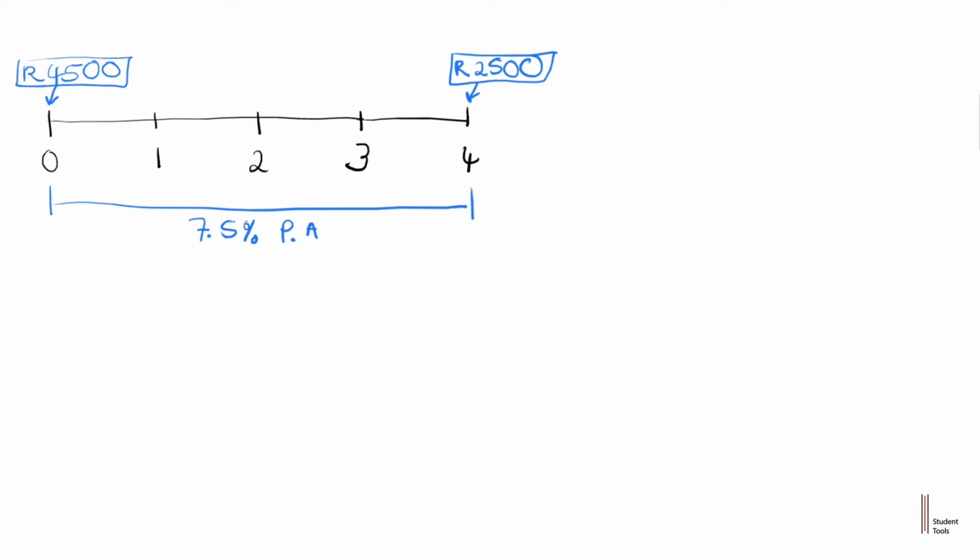Right, so the question here in 1.4.1 says we must calculate how much money is in the account at the end of 4 years. As you might have noticed, here we have 4,500 at the beginning of the investment. So that means the 4,500 gains an interest for the 4 years. And then we have this 2,500.